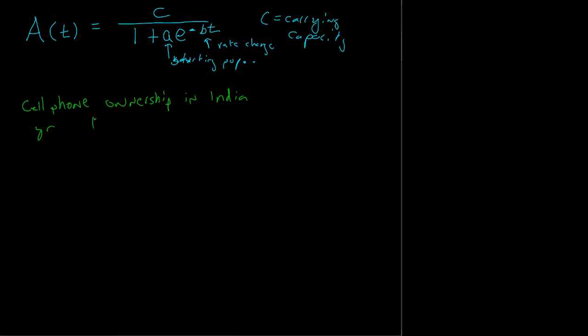So this is the number of cell phones in billions. Cell phone subscriptions. And so we start at 2005. And we go up to 2011.